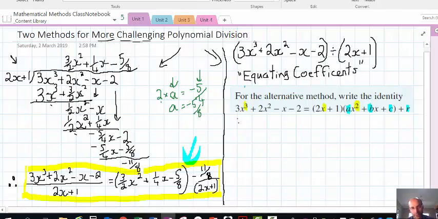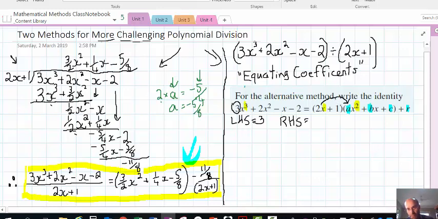Looking for the cubic terms, on the left hand side we have 3. On the right hand side, now how are we going to get a cubic on the right hand side?